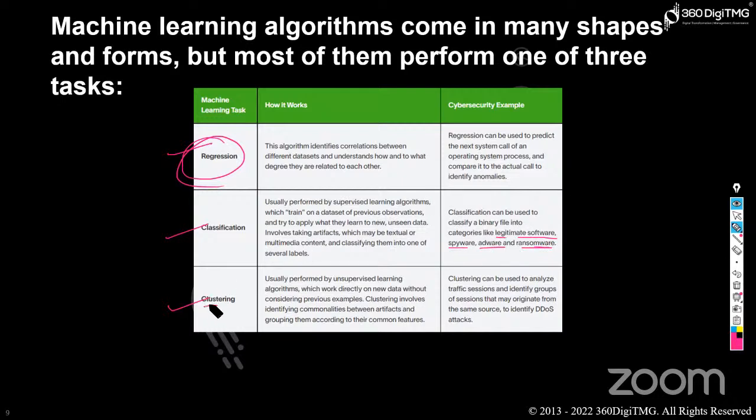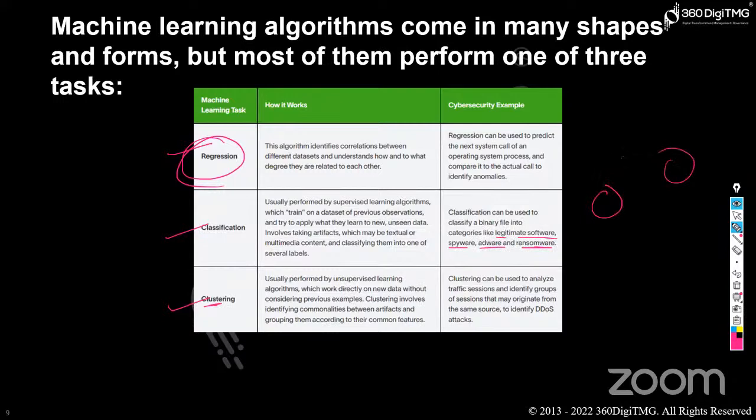Then there is something called clustering. It is usually performed by unsupervised learning algorithms, which work directly on the new data without considering previous examples. Clustering involves identifying commonalities between your artifacts and grouping them together.